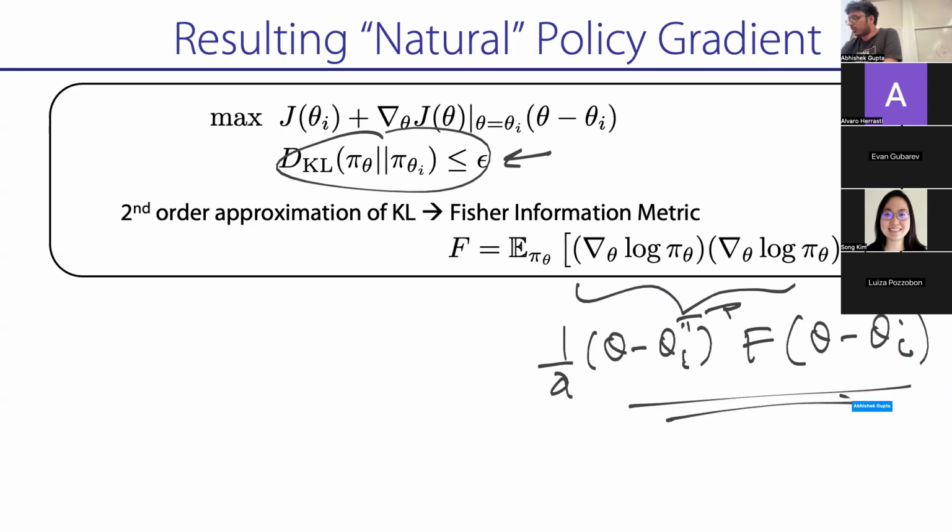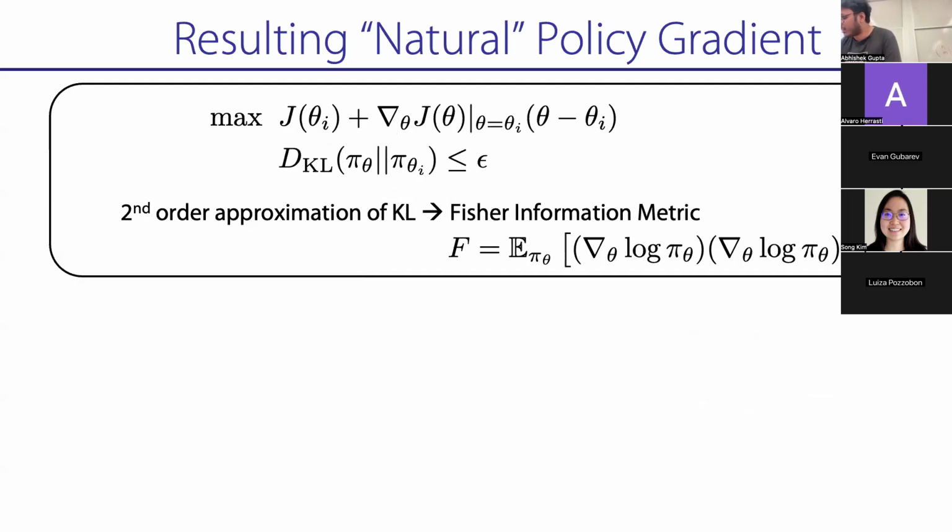So the second order approximation of the KL divergence is a quadratic, where your F matrix here is the outer product, grad log pi times grad log pi. Okay, so it's called the Fisher information metric. And it's telling you the sensitivity of your function to different parameters. And so our G matrix that we cared about is actually just this Fisher information matrix.